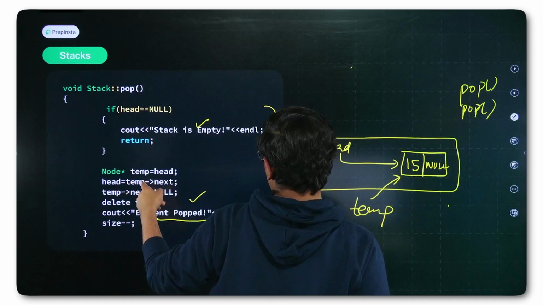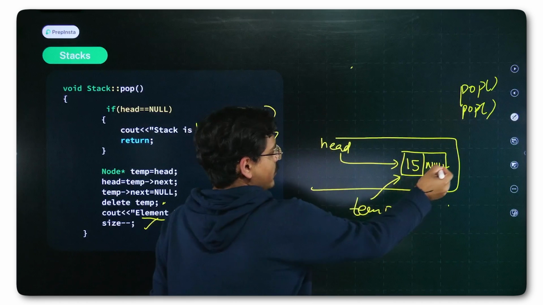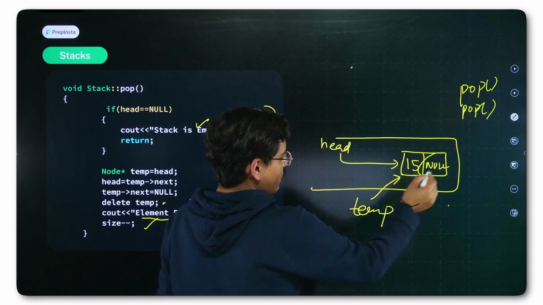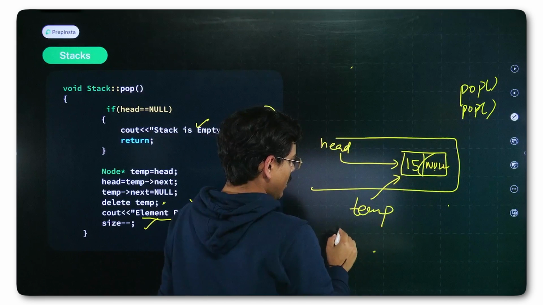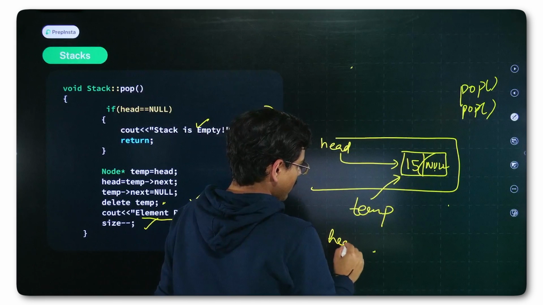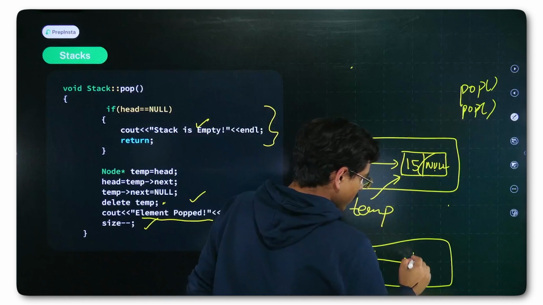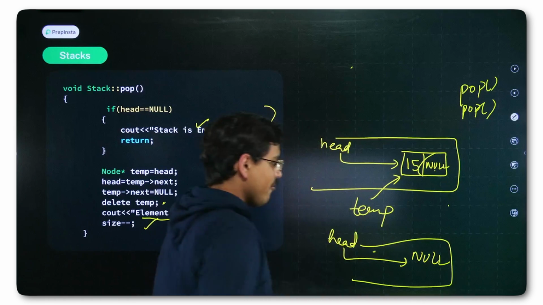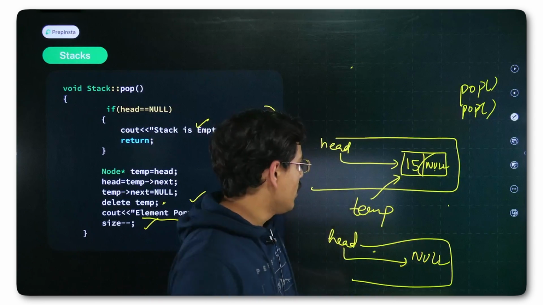Head is equal to temp's next, which is this null. I'll make head point towards null. So basically head is now pointing to null, right? When head is pointing to null, this stack is empty. It is clear.